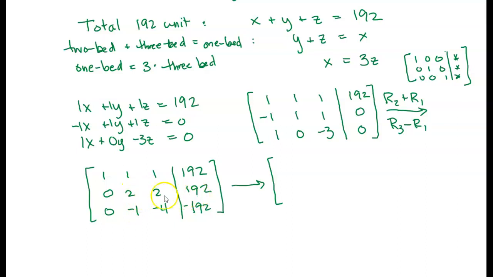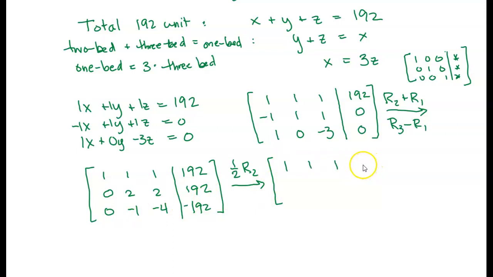Now I can see that everything in that second row is even. So an easy thing to do would be to take 1/2 of row 2. And that also gives me a 1 in the middle, right? And I can do that without dealing with fractions. So let's just take that little baby step.